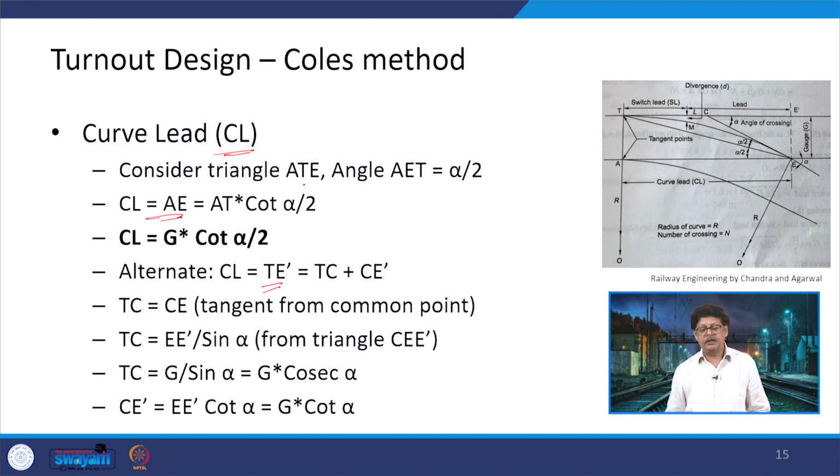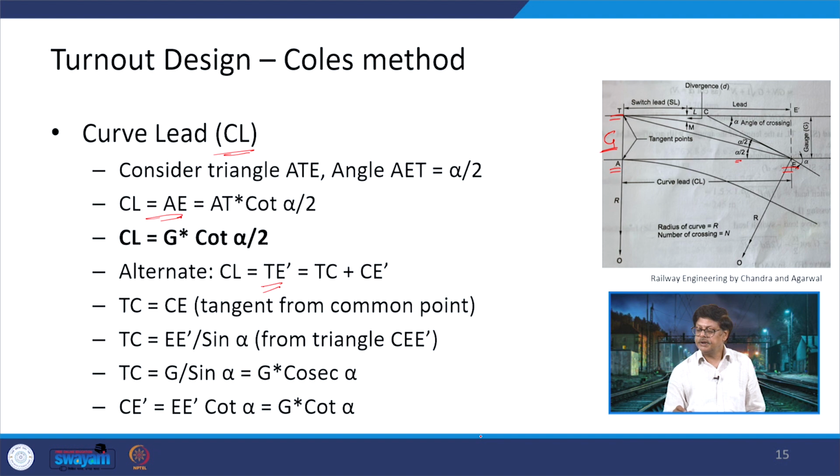So, looking at the triangle ATE, where this is A, this is T, and this is E. The angle is alpha. Because we are taking a bisector here, this angle becomes alpha by 2. So, if we consider ATE, AE is nothing but AT cot alpha by 2. AT is this, and this AT is again the gauge. So, it is G cot alpha by 2.